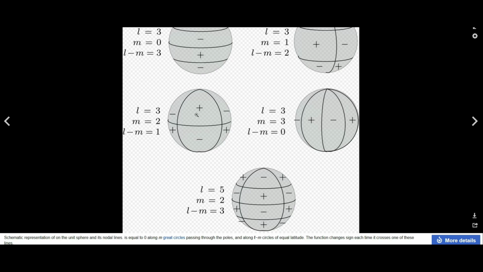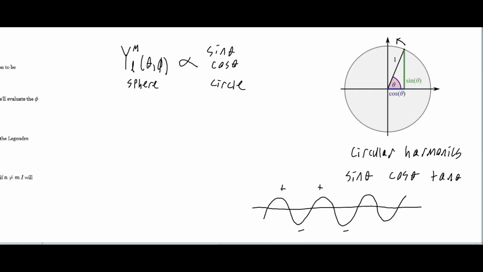And so you can think about the plus and minus on here being similar to the plus and minus on a sine or a cosine function for circular harmonics. And so that is hopefully an intuitive understanding of what the spherical harmonics are actually talking about.